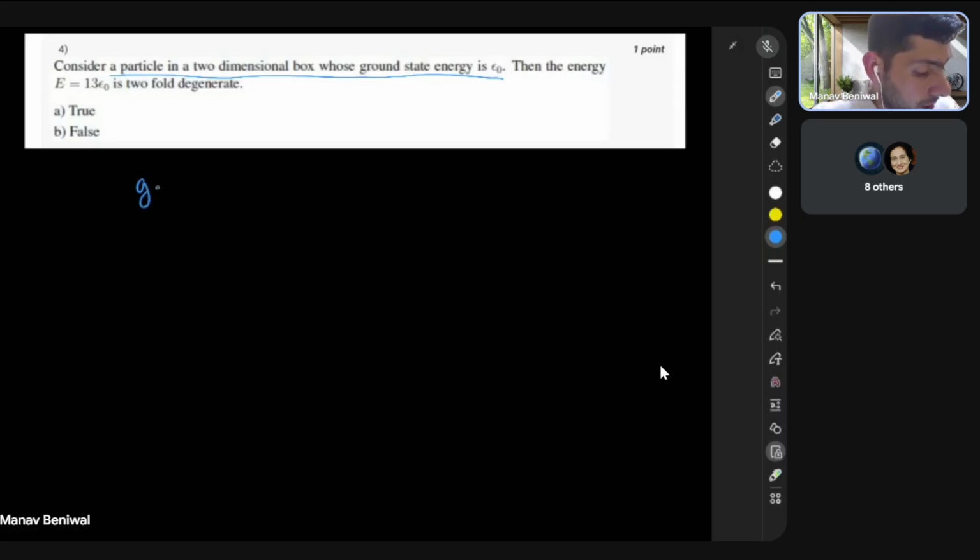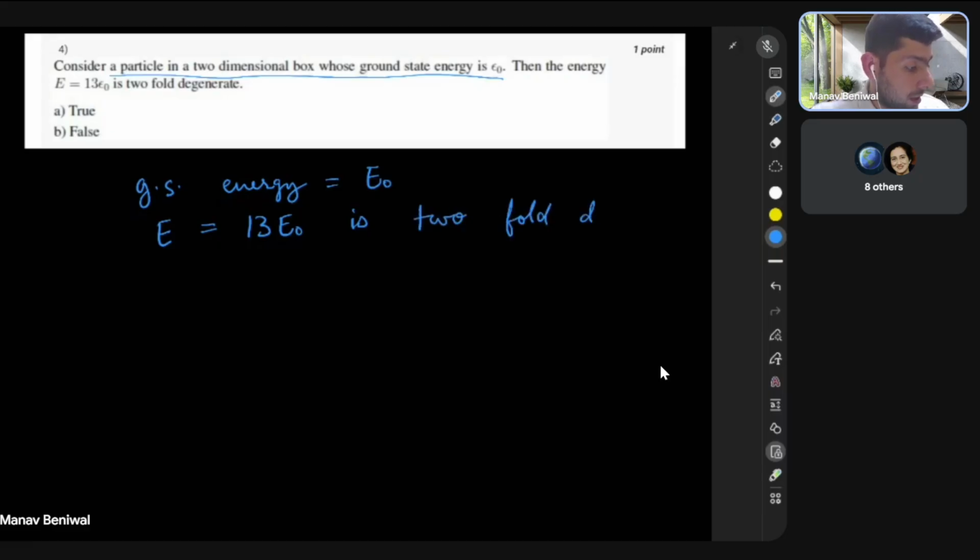So our ground state energy is E naught, and then the question asks whether the energy E, which is 13 times the ground state energy E naught, is 2-fold degenerate.